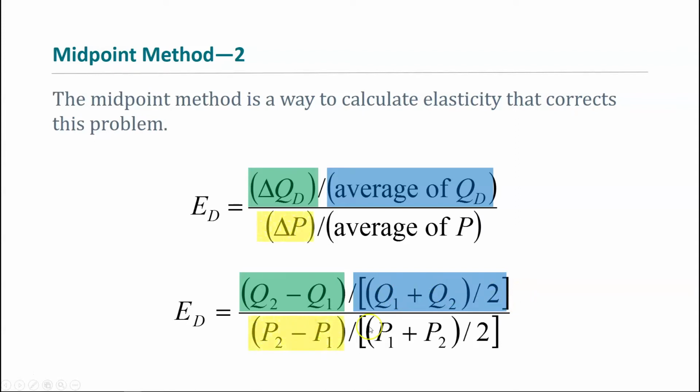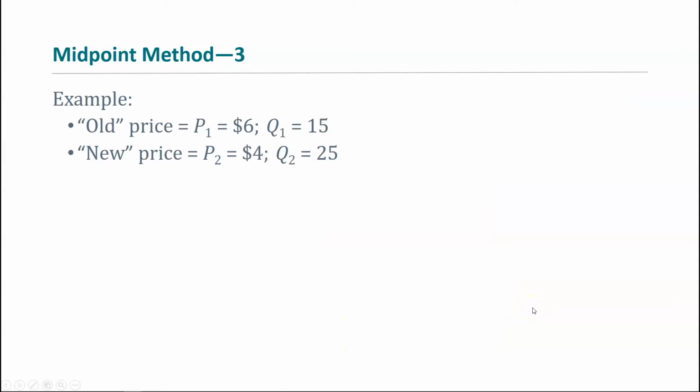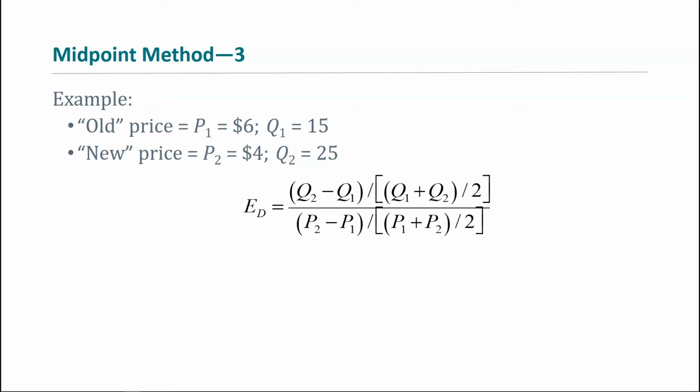And then you'll do the same thing for price. And then you'll divide. So for example, pause the video, see if you can calculate the price elasticity of demand for these pairs of old price, old quantity, new price, new quantity.